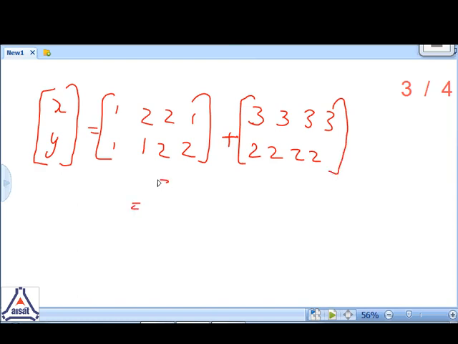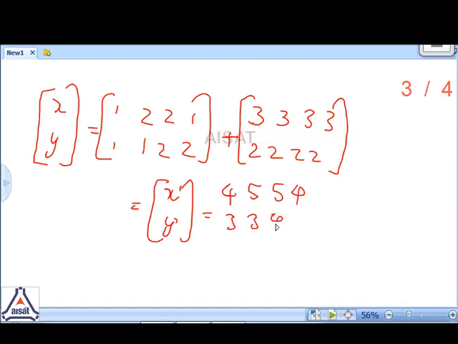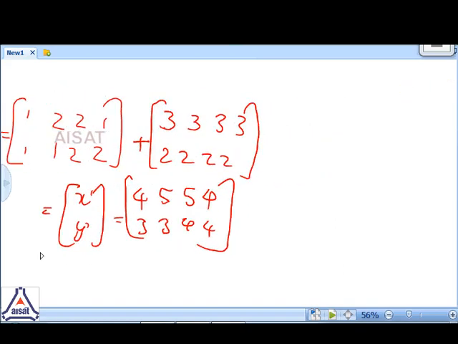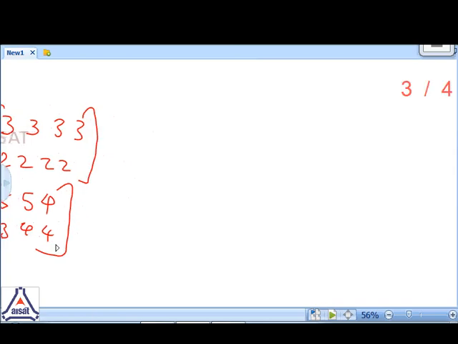Then the resultant x dash y dash is equal to 4 3, 5 3, 5 4, 4 4. The important thing is, what will be the resultant image of this diagram? That is very important. Then we will get a clear idea of the 2D translation in both x and y direction.